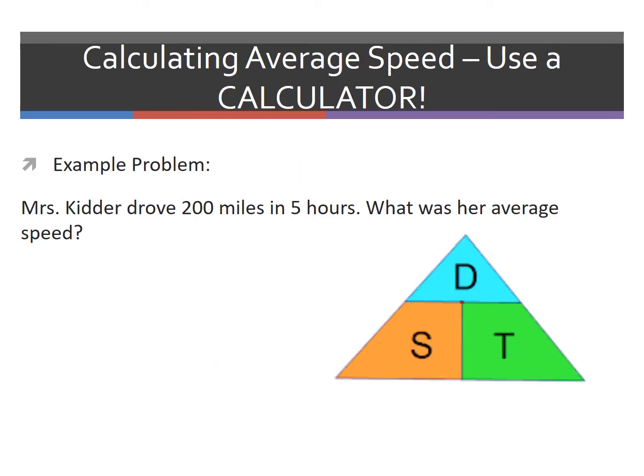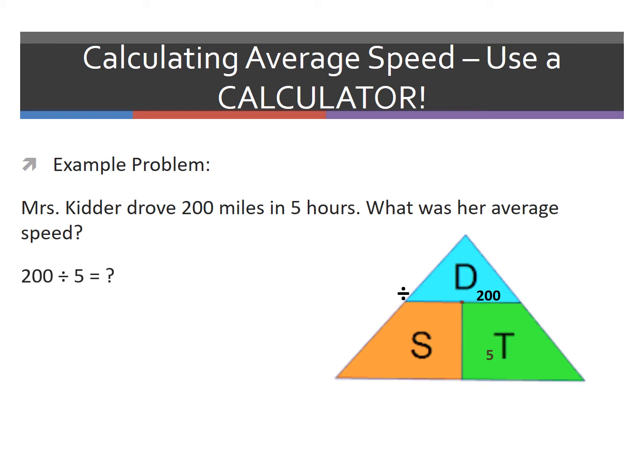Here's an example problem. If I drove 200 miles in 5 hours, what was my average speed? I have my triangle. Miles is distance, so 200 goes at the top where distance is, and I have time.